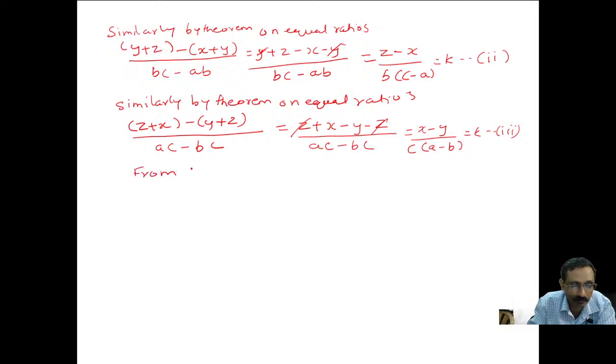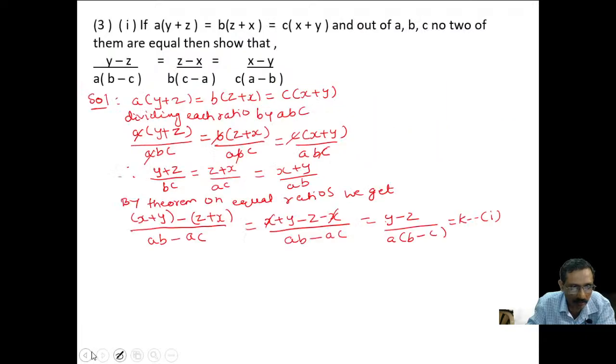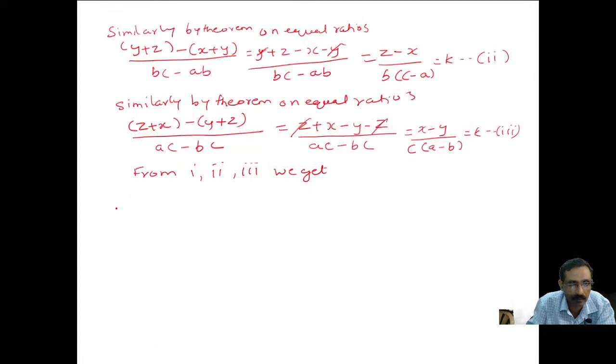So from equation number 1, 2 and 3, what do we get? Look at our equations. Equation number 1, y minus z upon AB minus C. So we get y minus z upon AB minus C, which is equal to, equation number 2 gave me z minus x upon BC minus A, which is equal to, what did equation number 3 give me?